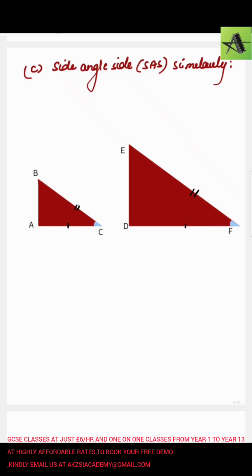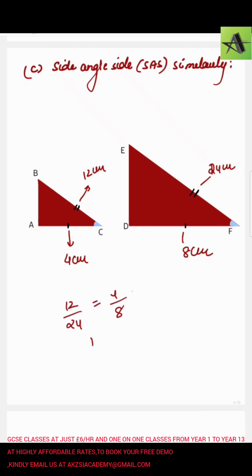Which means if I say that this is 4 centimeters and this is 8 centimeters and this is 12 centimeters, then this will be 24 centimeters. So obviously they are bearing the same ratio, which is 2 actually.